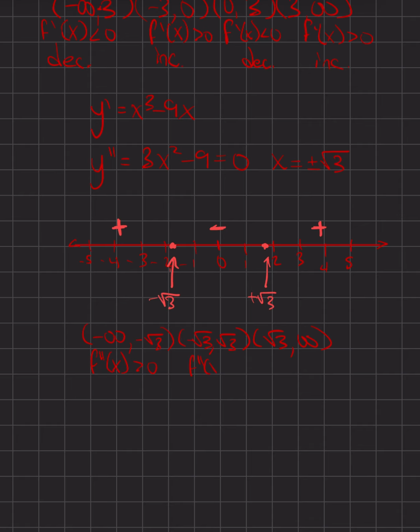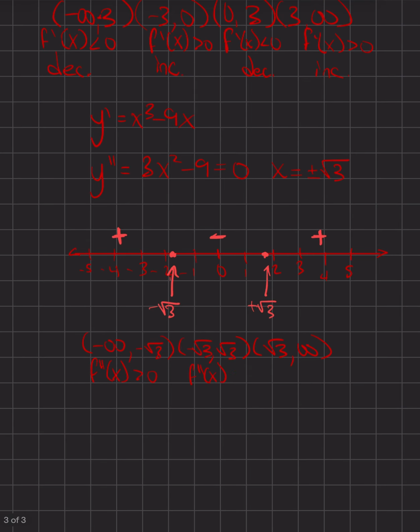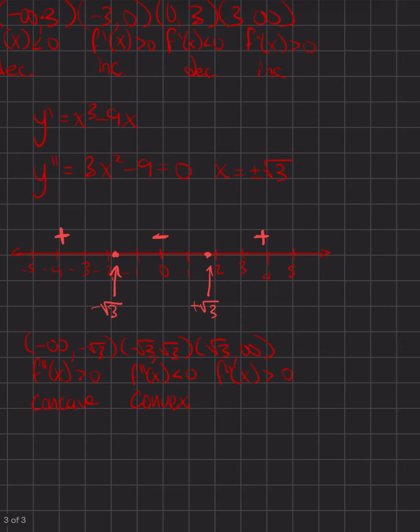The second derivative of f of x is going to be less than 0. Then the second derivative of f of x is going to be greater than 0 from here, right? So if we remember, if our second derivative is greater than 0, then this is going to be concave. Less than 0, convex. And then same like the first one, this is going to be concave.